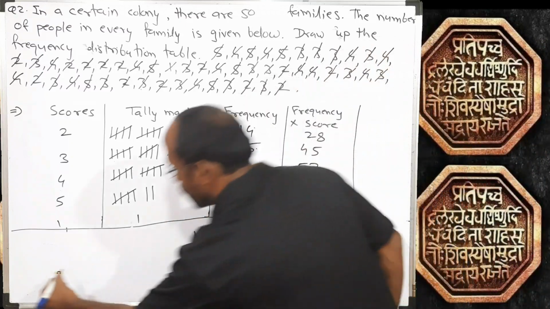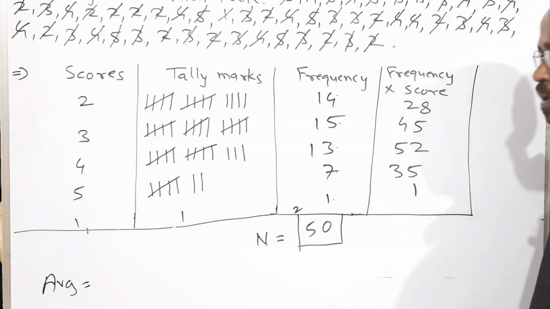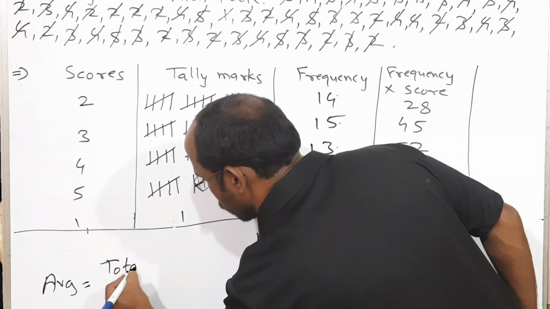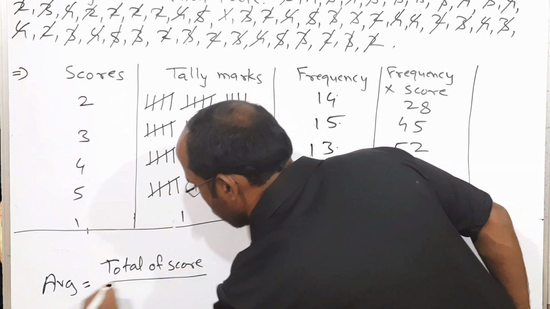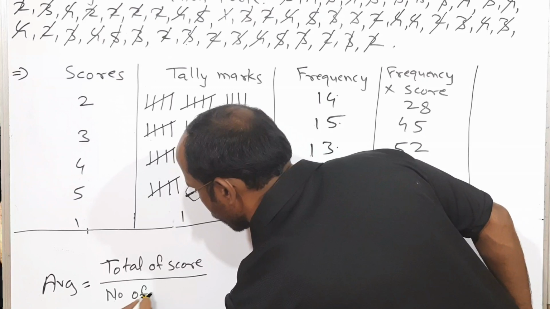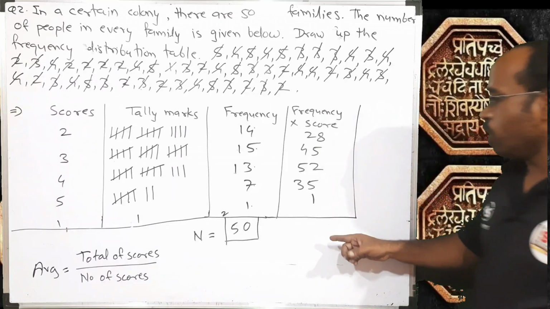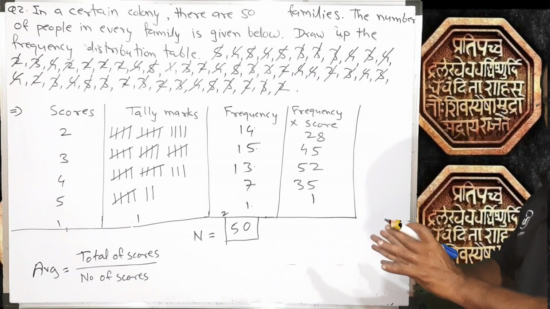Because what is average? Average is always equal to total of the score upon number of scores. So this last column we can use to find the total of scores.